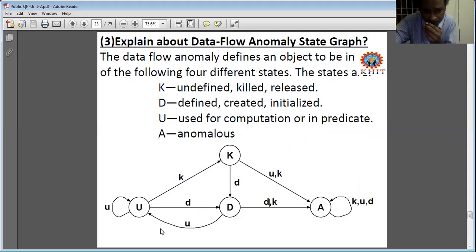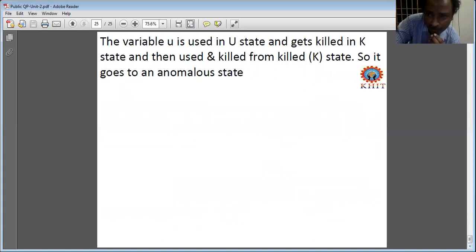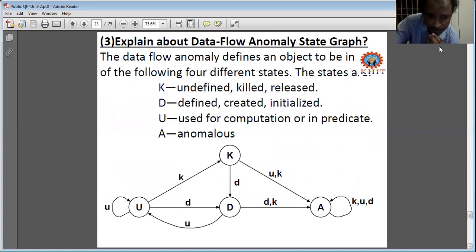Defined, used U and again defined D, and it enters into D state. After D state, it goes to the anomalous state. So defined D state, used, it comes to the used state. Again defined D, it comes to the defined state. And defined state, defined and killed, it comes to the anomalous state A.